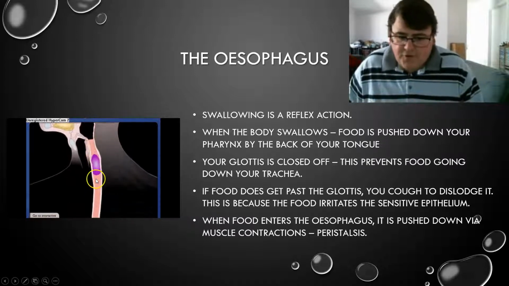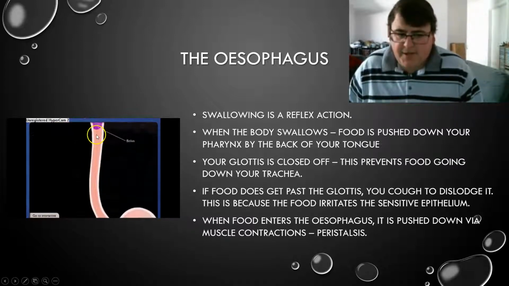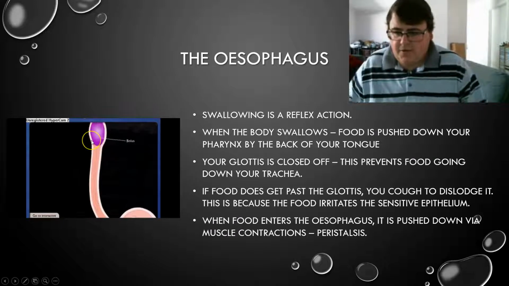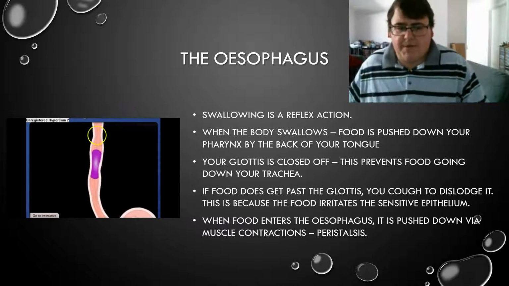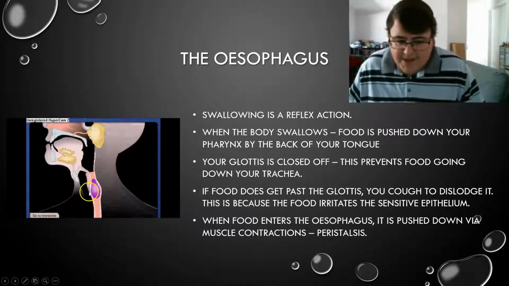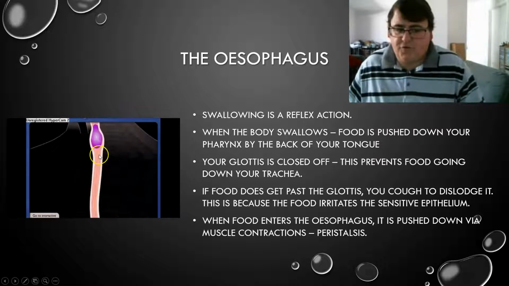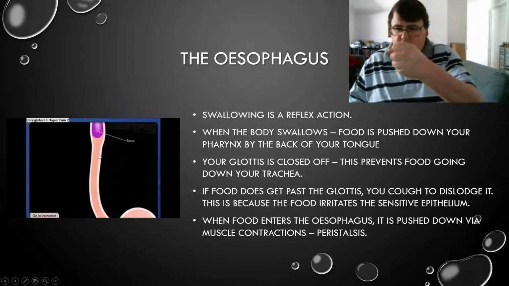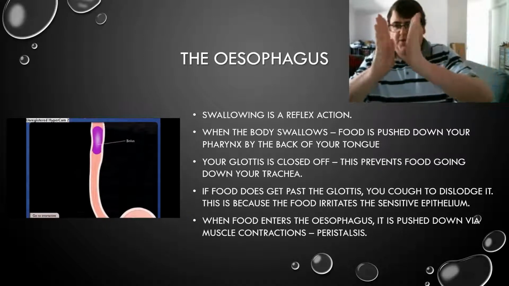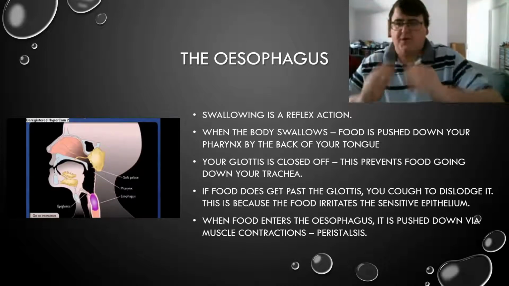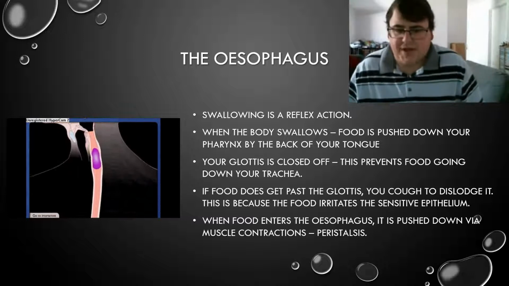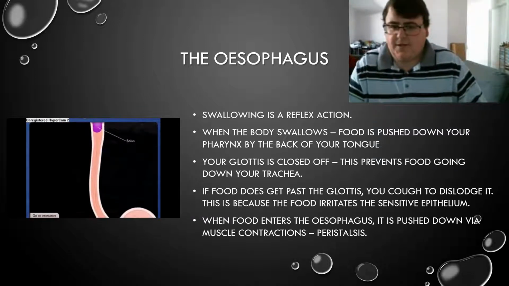As the food gets to the next point, the muscles in front of it open up and the food can move through. The muscles behind it instantly contract and push the food through. So you've got this ball of food here and your esophagus is opening to let it through, and then behind it squeezing to push it through. It's these constant muscle contractions pushing the food down the esophagus.